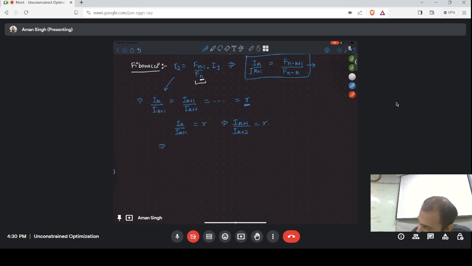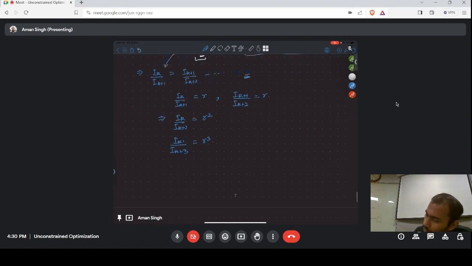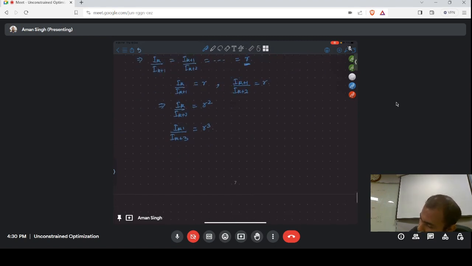This implies Ik upon Ik plus 2 equals r square, and Ik upon Ik plus 3 equals r cube. And we also keep the assumption that Ik equals Ik plus 1 plus Ik plus 2. This is from Fibonacci search, and we keep this assumption.